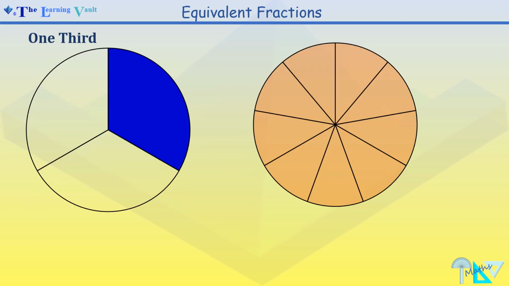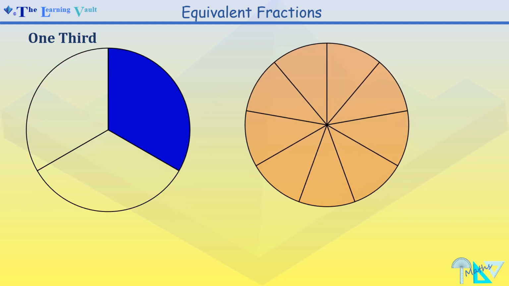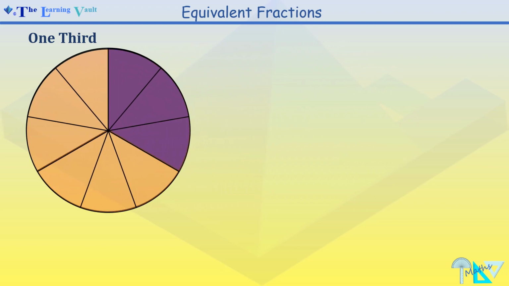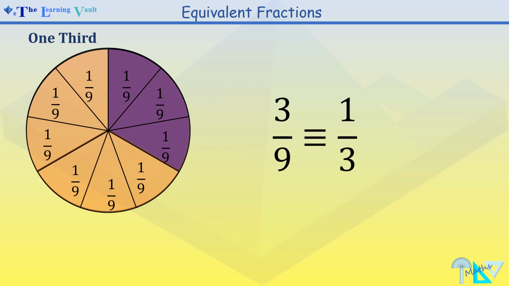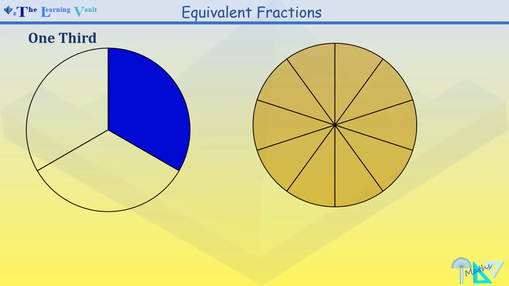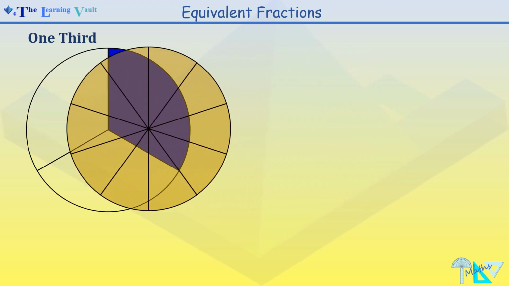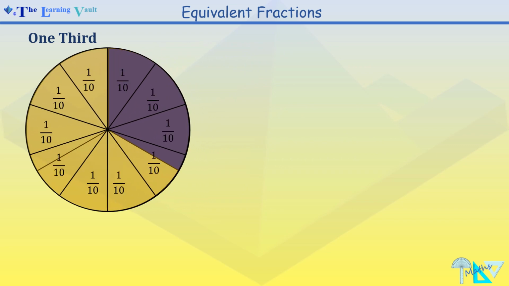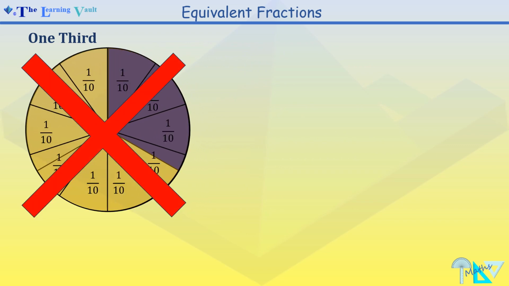And we try this with our circle divided into 9 equal parts, and yes, we do have an equivalent here. We have 3 of our 1/9 is equivalent to a third, so 3 over 9 is equivalent to 1/3. And trying with our circle divided into 10 equal parts, and no equivalent fractions here.